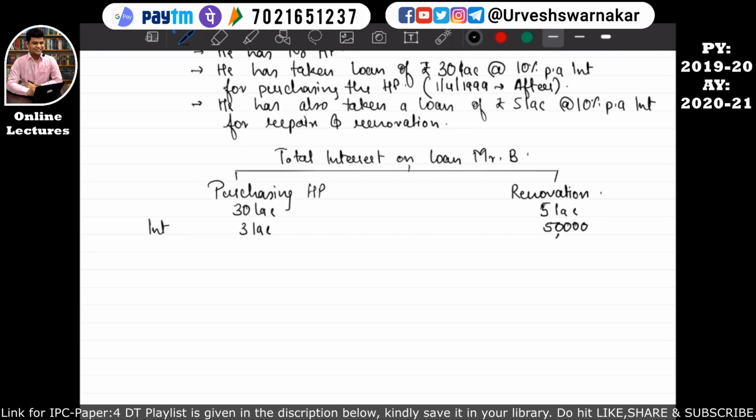So that means the total amount of interest paid by Mr. B is equal to 3 lakh plus 50,000, which is equal to 3 lakh 50,000. I hope this is very much clear.